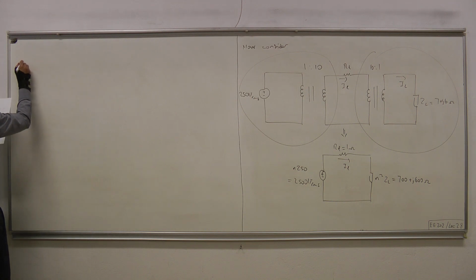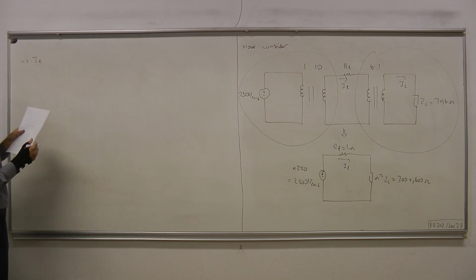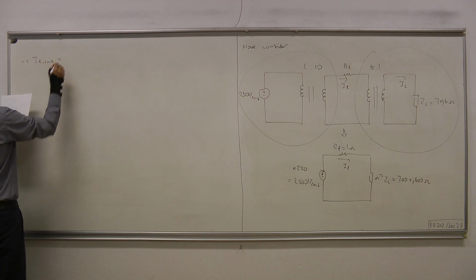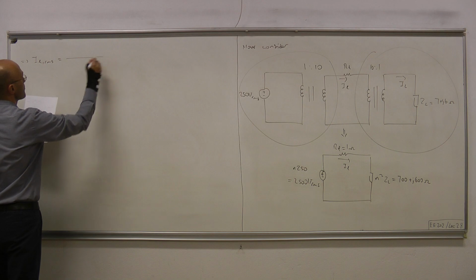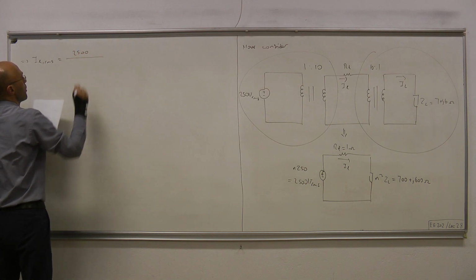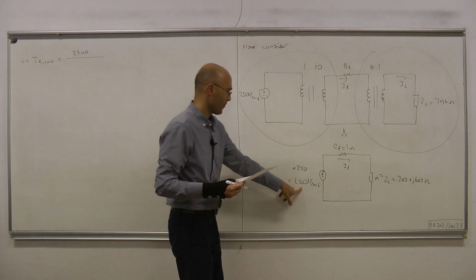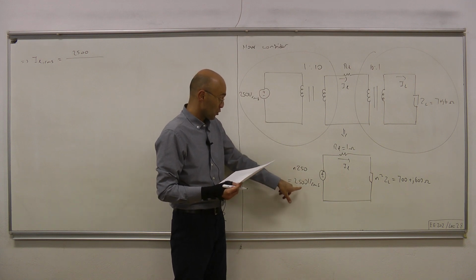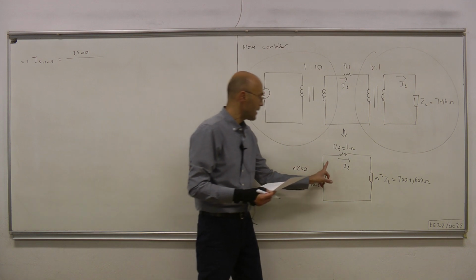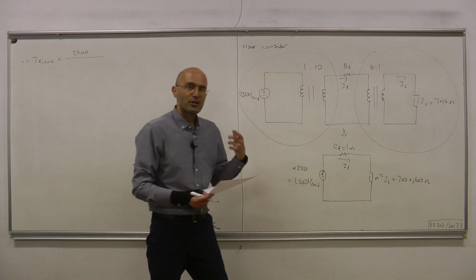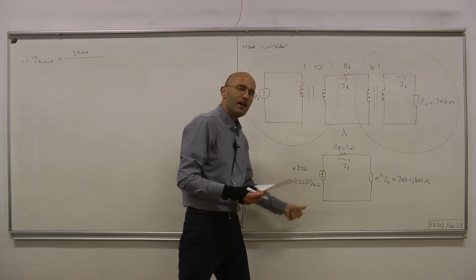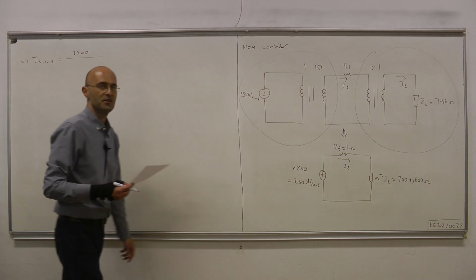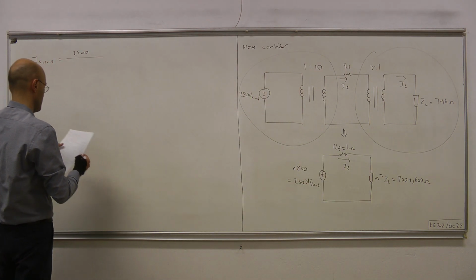Okay, so by looking at that equivalent circuit, IL effective equals the effective value of the source voltage, 2500, divided by the magnitude of the impedance seen by this source, which is 1 plus that large impedance 700 plus J600.